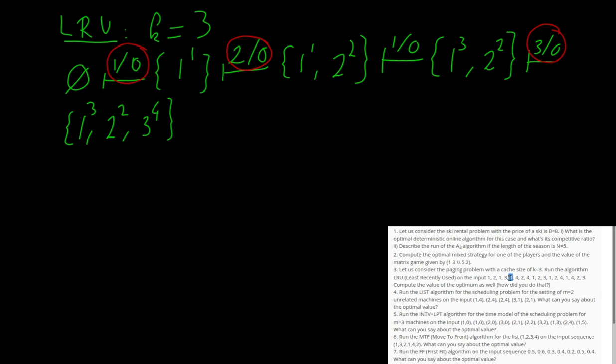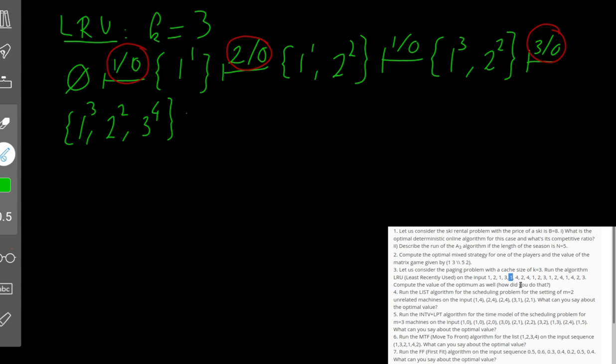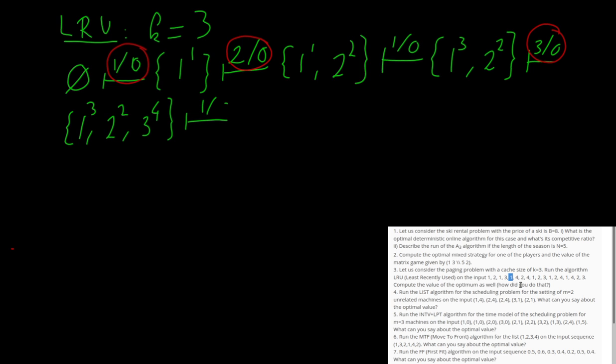Then this 1 comes. This 1 won't cost me anything, so it's 0, but I have to update the timestamp belonging to this 1, 2, 2, 3, 4, because it was in the 5th moment that this 1 was accessed. Now comes the 4, which is a new one, and I have to discard something.